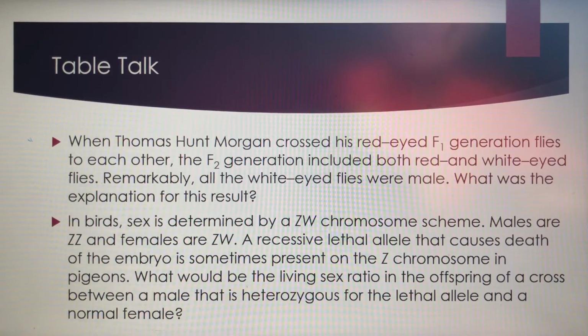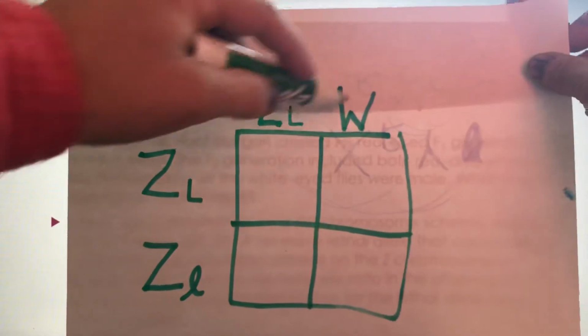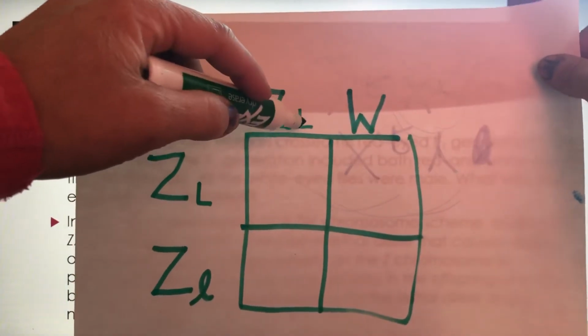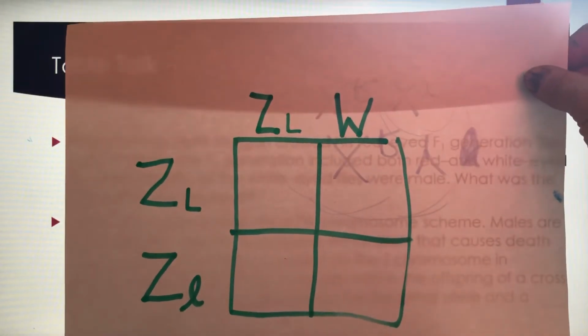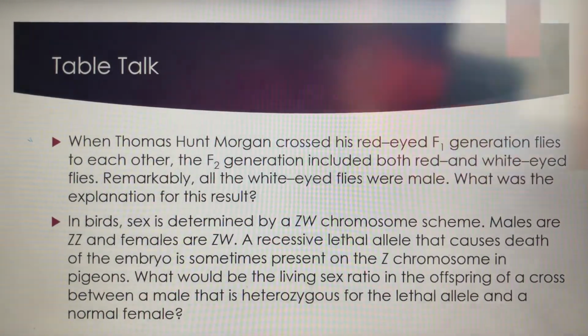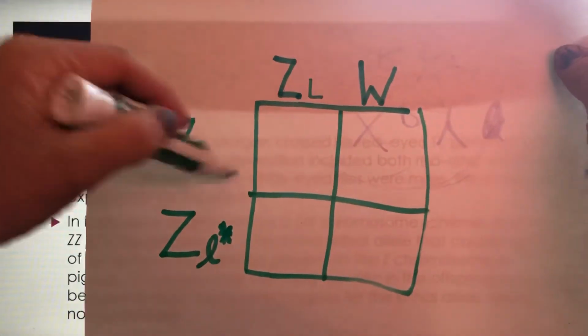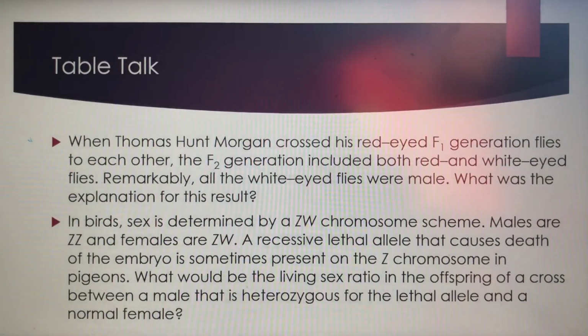The female is alive, so she's got to have one good gene, and it's only found on the Z. So she's got to look like this. So this here is the female with the non-lethal gene, or I made it a capital L. And here is the male, and I'll put a star by the lowercase l. And here he is with his one lethal gene and his one good gene. Now that gene is only on the Z, and it takes two for it to be lethal.